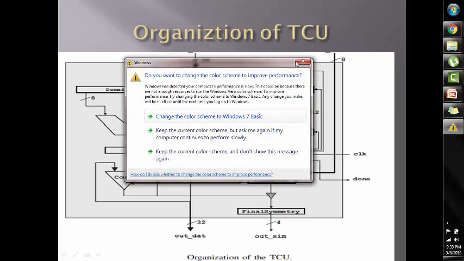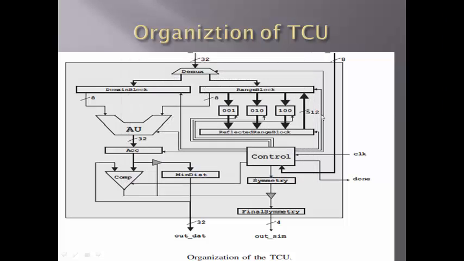Control unit. The data part is formed by three 512-bit registers, an arithmetic unit and three routing units. The range block and the domain block registers contain the range block and the domain block respectively, while the reflected range block register contains the transformations applied to the range block.